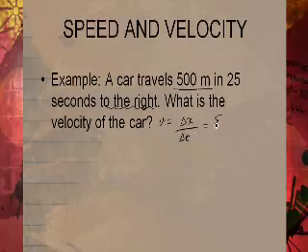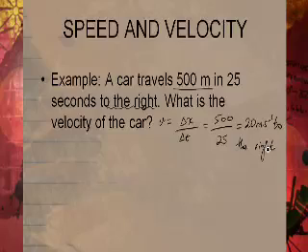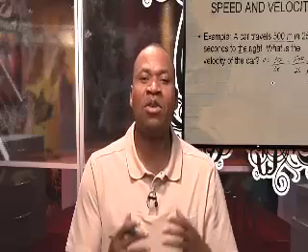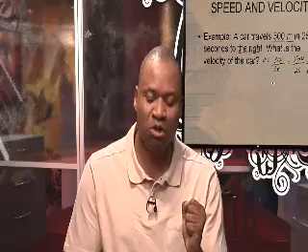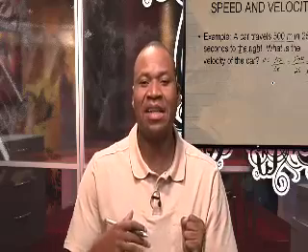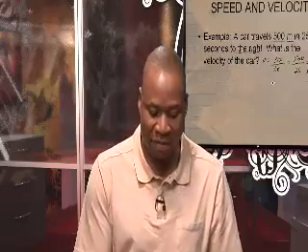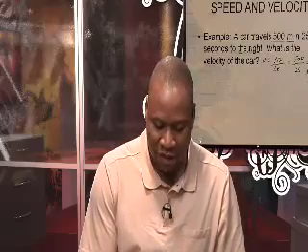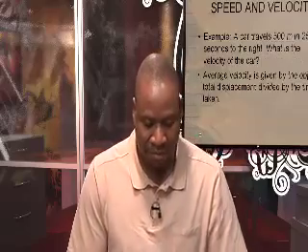That will be 500 divided by 25, which is 20 meters per second to the right. Now you see the difference is that I have to state the direction. This time I'm not only talking speed, I'm talking velocity. Magnitude, 20 meters per second. Direction, to the right. So I have a vector quantity there.